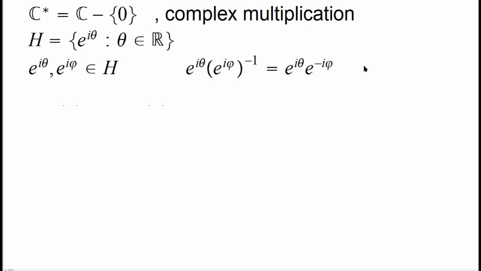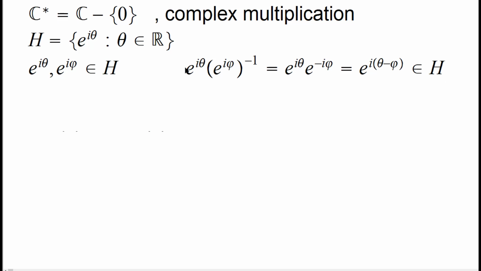And remember, theta and phi are real numbers, so this simply is e to the power i times (theta minus phi). Now theta is a real number, phi is a real number, so theta minus phi will also be a real number. So this belongs to H.